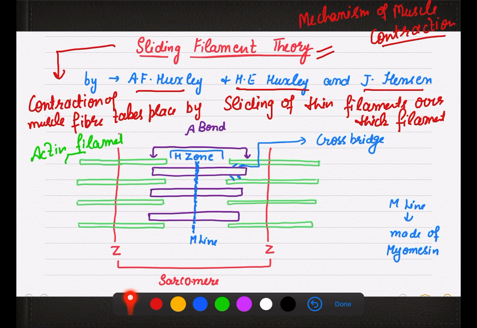Now actually what is happening is that a cross bridge is forming between actin and myosin. That is what we are going to discuss now.